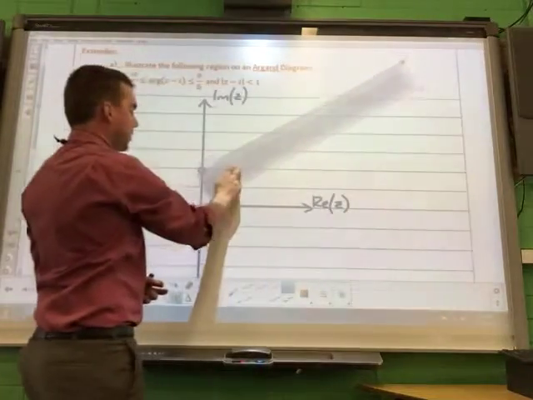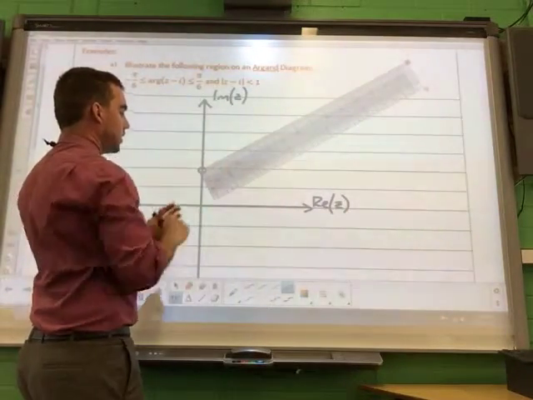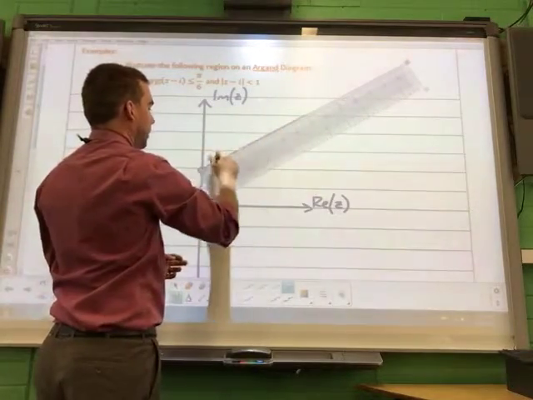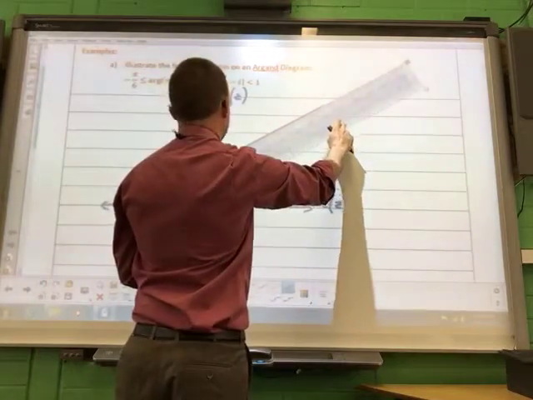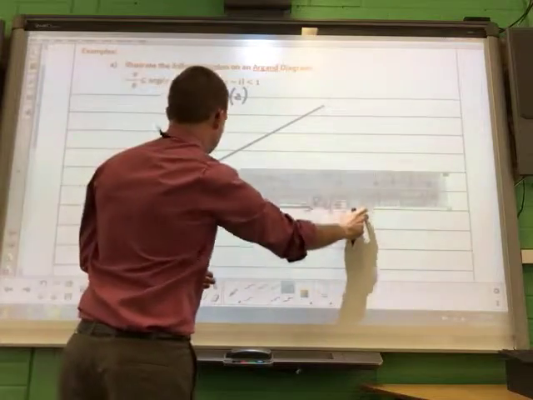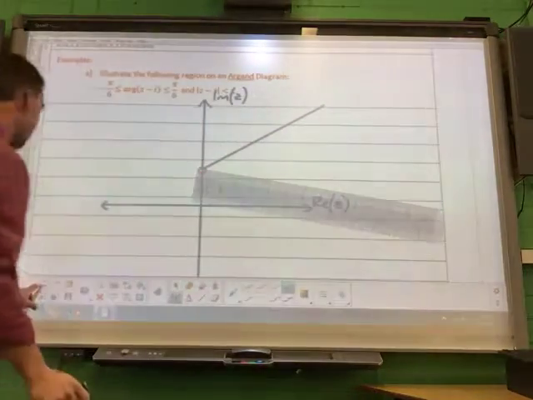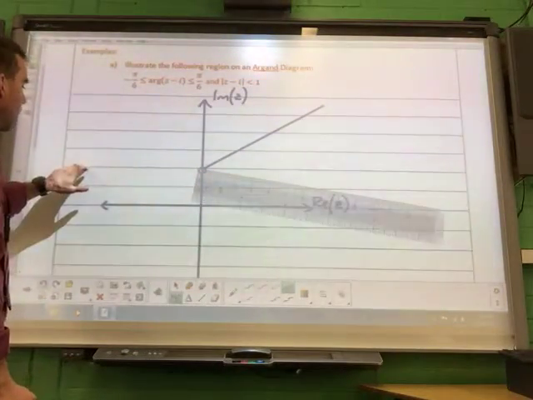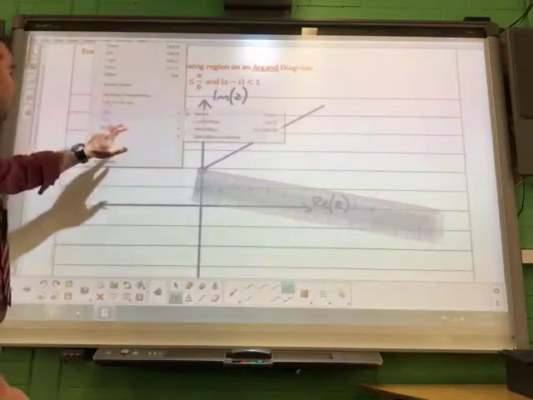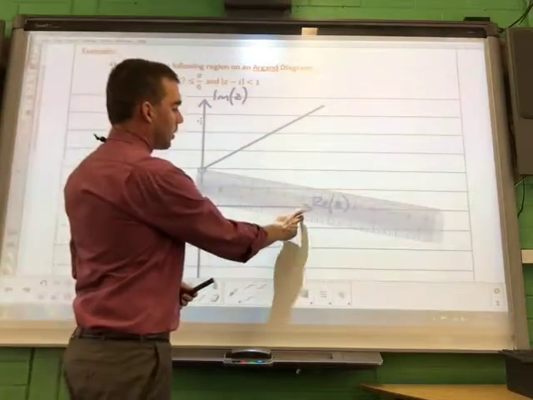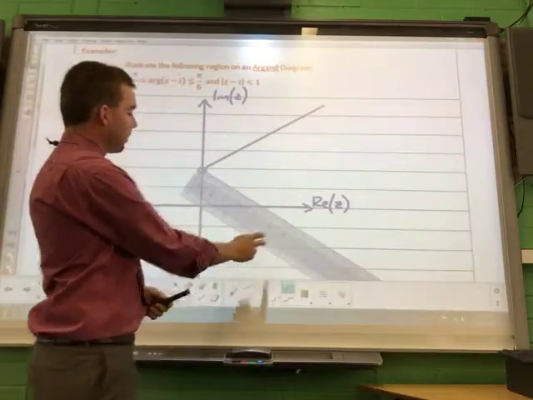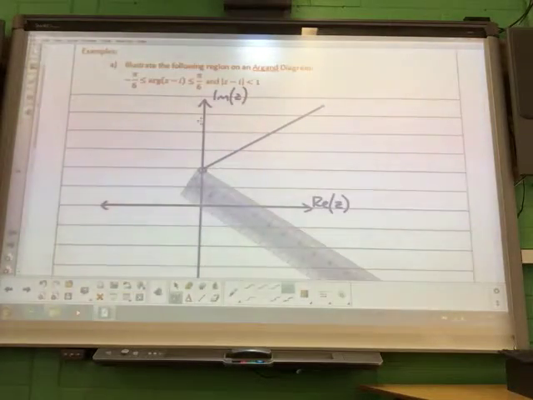Alright, pi on 6 is 30 degrees, so I'm going to branch out. Sorry? What is it 30 degrees from? Is it from the imaginary axis?